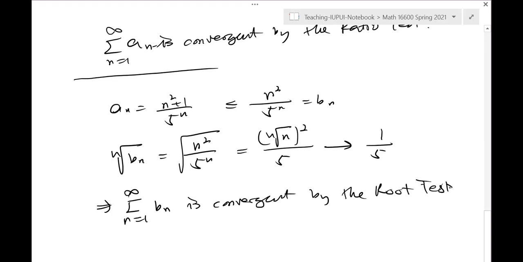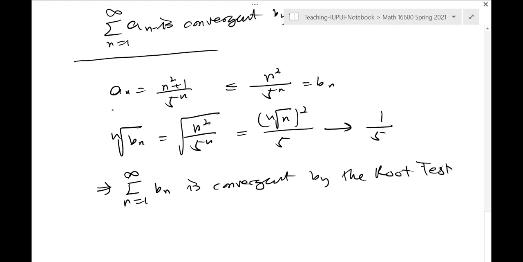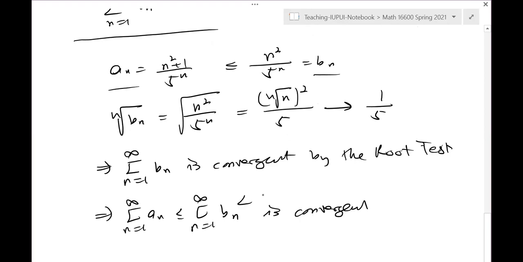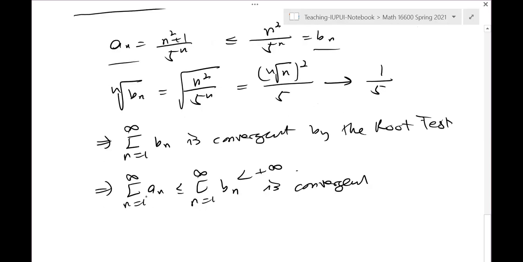Then because of this inequality, this implies a_n's series is convergent, because it's finite. This is true only when a_n is positive, because either it's finite or infinity.